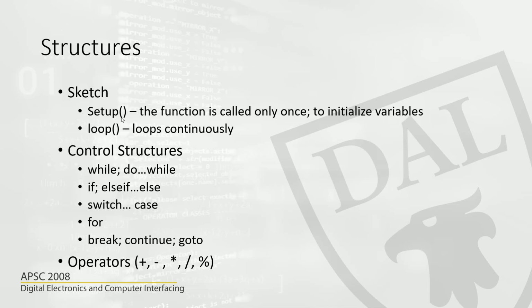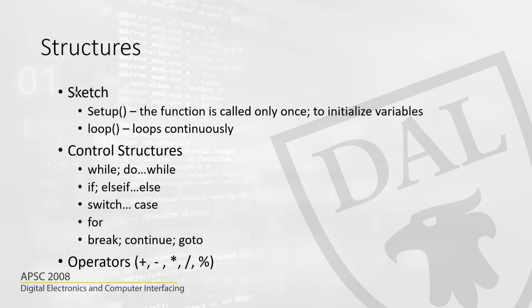A sketch has two functions. There's a setup function which is executed only once, and this is used to initialize variables and define a user-defined function and things like that.